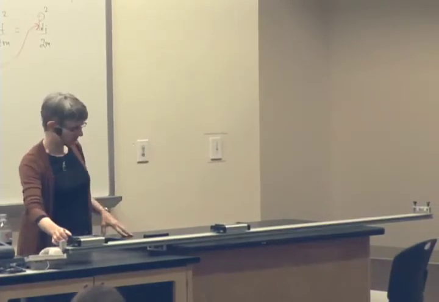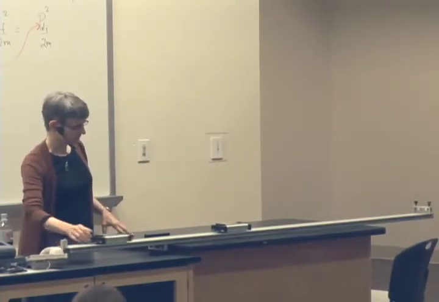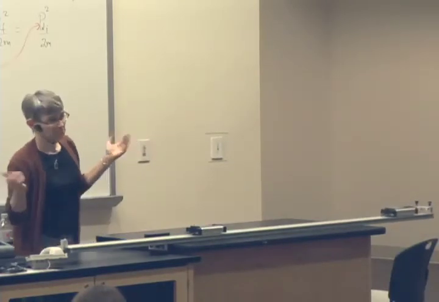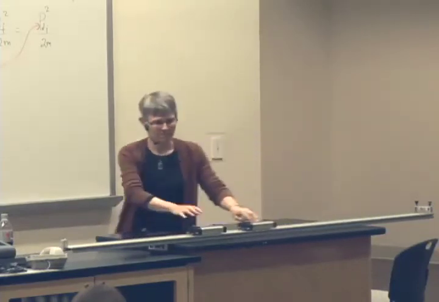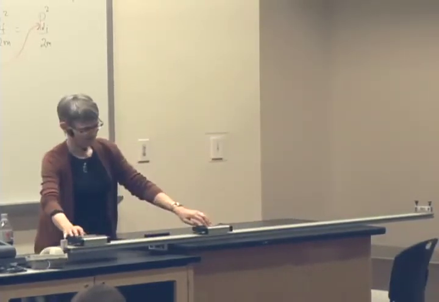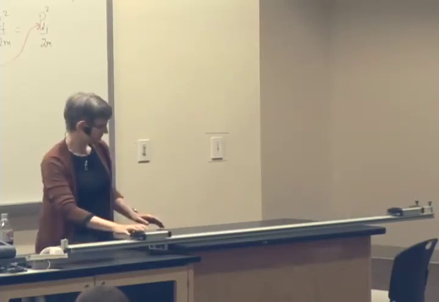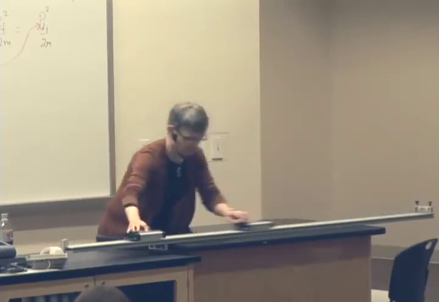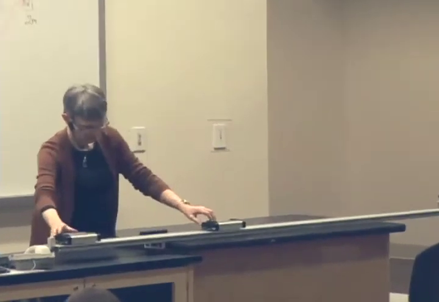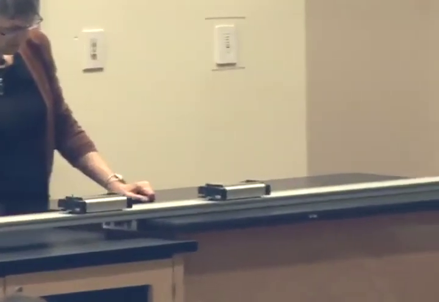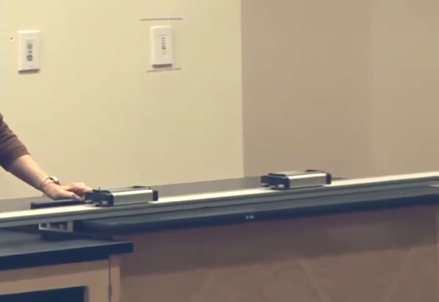Let's see if it happens. So it looks like we were right. We'll do it again. Let's try that one more time. It wasn't supposed to bounce back. There we go.